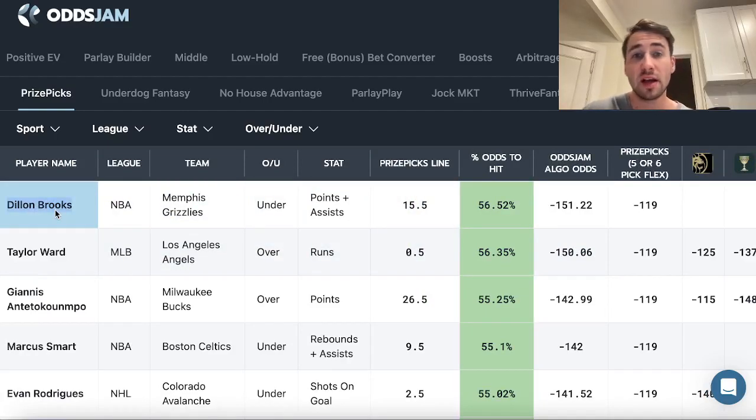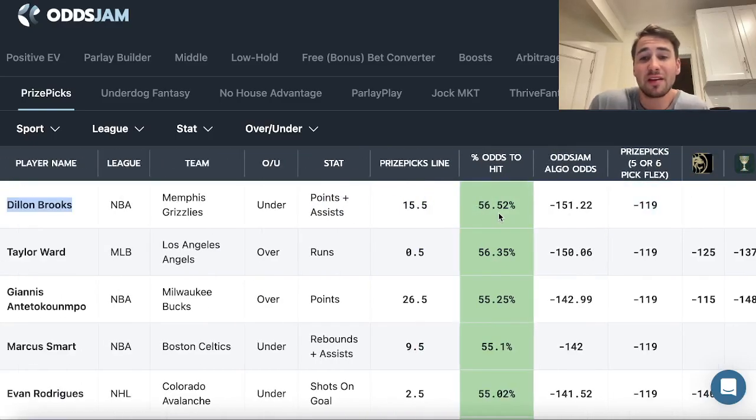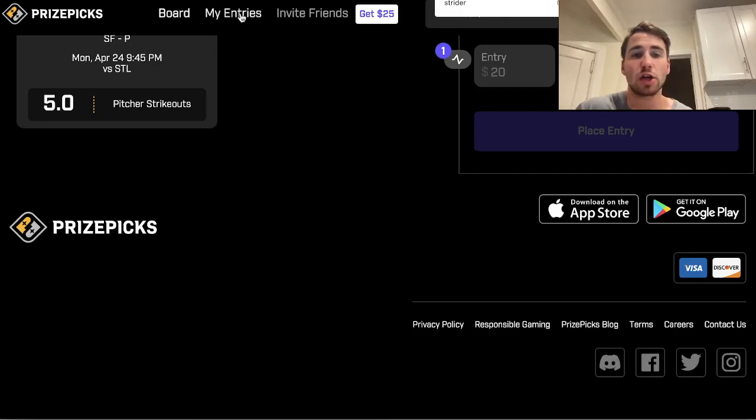So for Dillon Brooks, the most loved player in the NBA, all the books have his under 15.5 points plus assists as the heavily favored outcome, right? FanDuel has his under at -158, DraftKings -145. So this is a great player prop to include in your PrizePicks entry. All the books are telling you his under's a lot more likely. For Giannis, all the books are telling you his over's a lot more likely. So we're following the data as a sharp bettor.